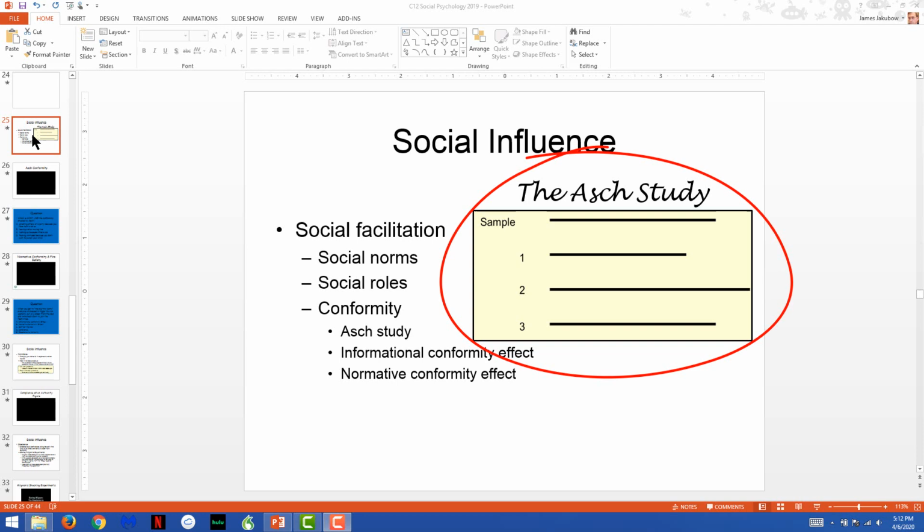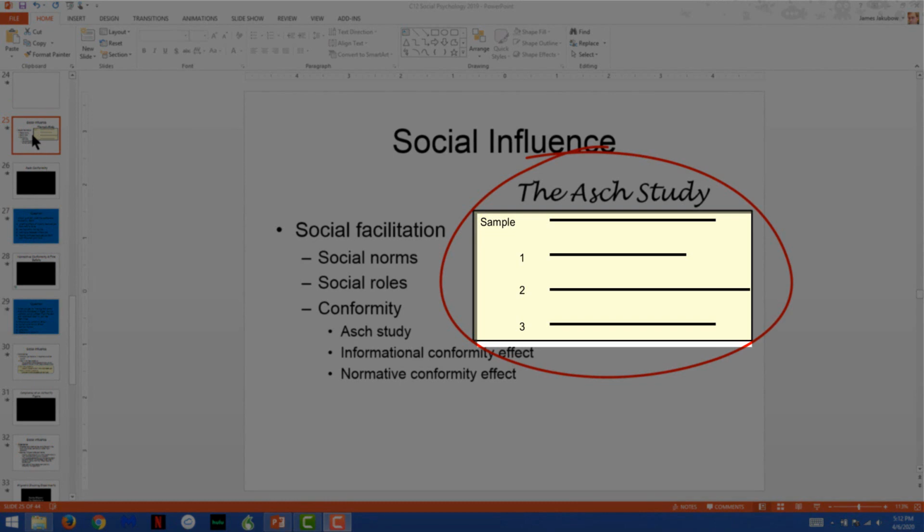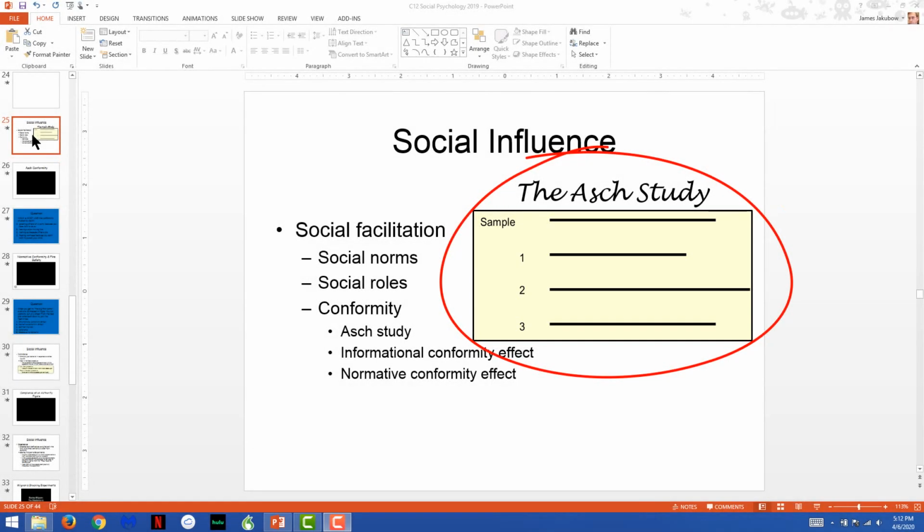And when they look at these line lengths, they're going to compare whether or not the sample line is shorter or longer or equal to one of the comparison lines. So in an example that I have up on the screen, it would be very easy. Which line is closest in length to the sample line? Well, that of course would be line 3. And they do a few examples like this. They run through, it's very simple.